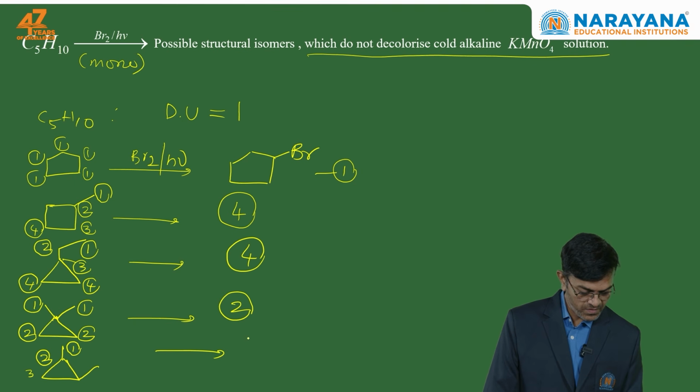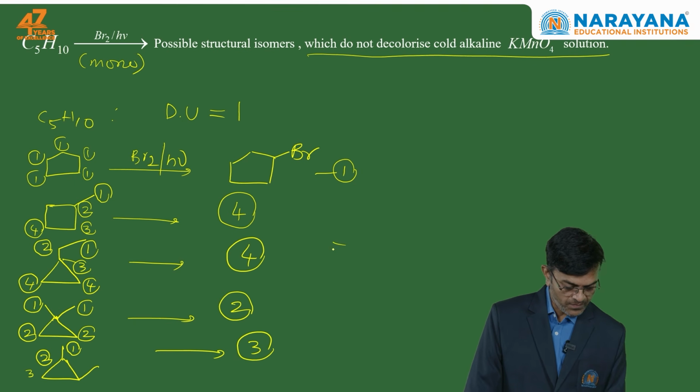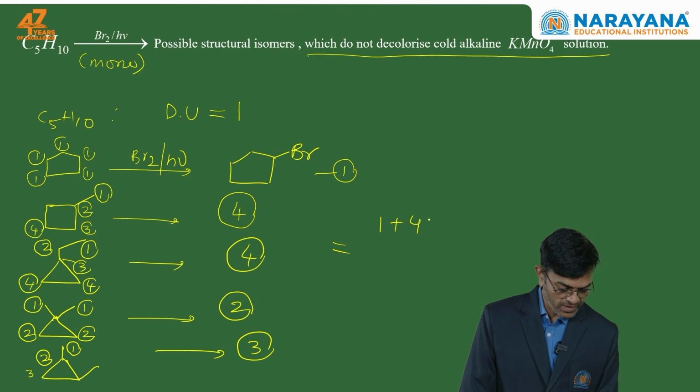So it gives 3 products. So if I add them, 1 plus 4, 5 plus 4, 9 plus 2, 11 plus 3. So we are getting 14 isomers.